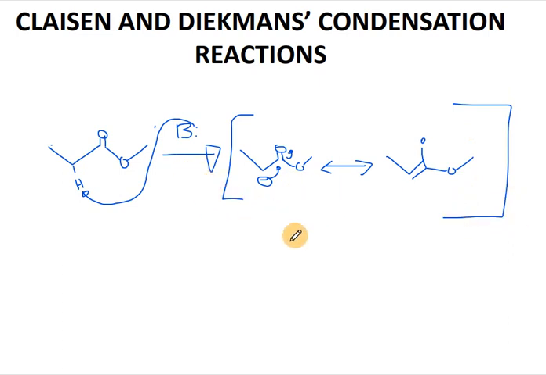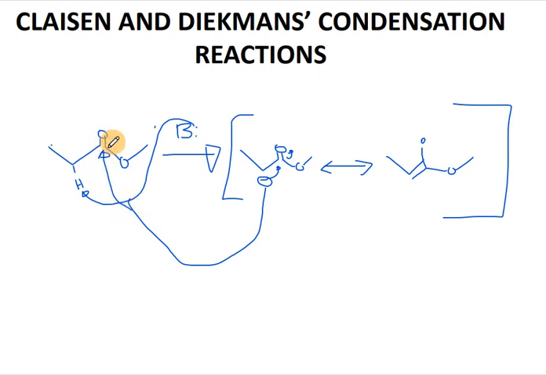So if we use a weak base, what is going to happen? Now you're going to have a partial deprotonation of the starting material. So the formed carbanion can react back with the remains of the starting material, basically at the carbonyl carbon, because that is where it has a partial positive charge. So this carbanion can reversibly bind with the carbonyl carbon of the starting material.